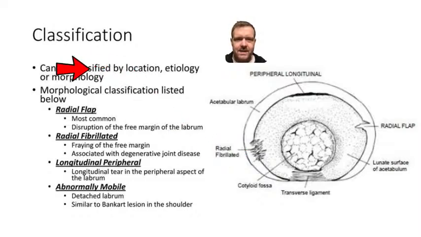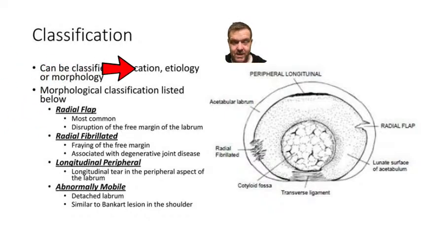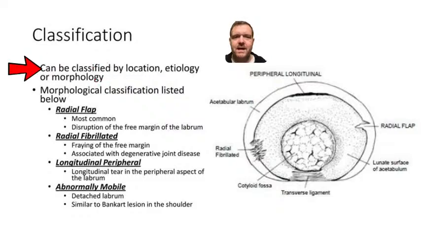And then there's different classifications depending on what has happened to you. The classifications can be by location, we'll talk about that in a second. The etiology, so how it happens, and that's what was on the last slide. And then the morphology, so the kind of structural differences.